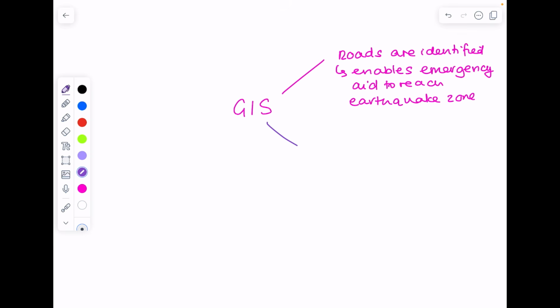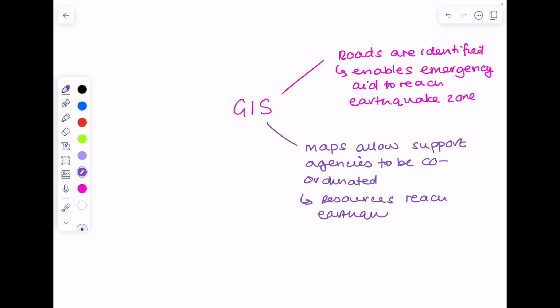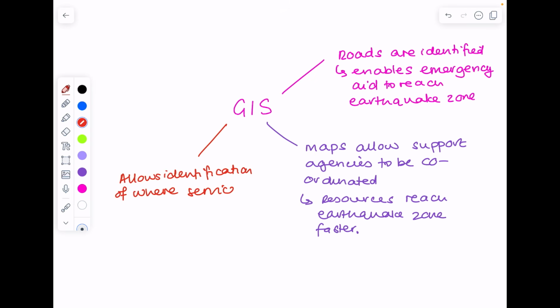GIS also provides maps which can be shared with all support agencies, therefore enabling a more coordinated relief effort, ensuring that resources are not wasted and get to where they need to be much faster. GIS can also enable you to identify where services were before the earthquake occurred and therefore where they can be built afterwards.